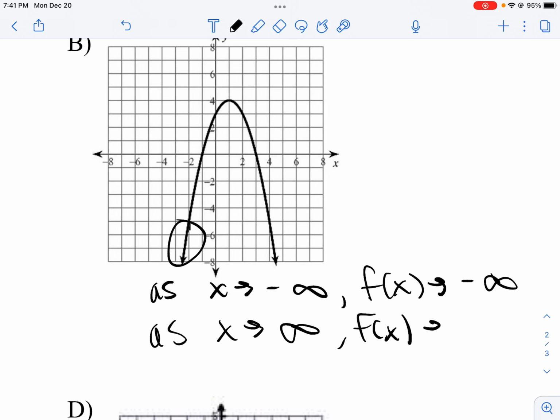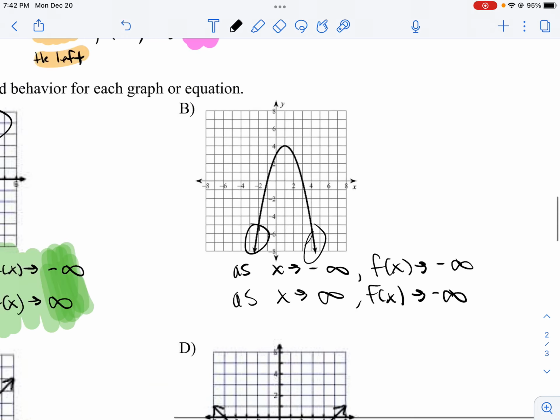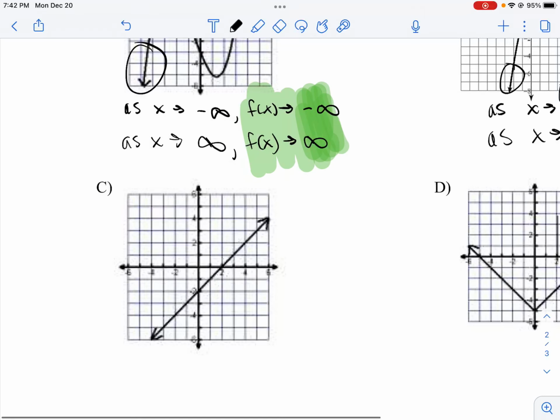You only have the option of up or down. Technically we know it's going to the right, that's what this first portion is denoting. So as we go to the right, what's the y doing? It's still going down, so still going to negative infinity in both directions. That's the end behavior. That's the behavior of the graph near the ends.